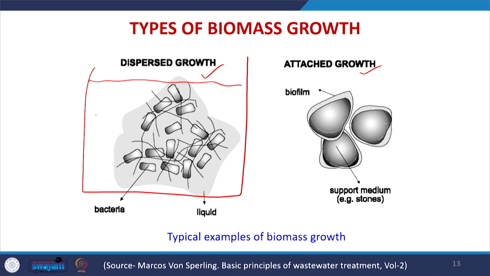The growth of biomass will occur, as well as the organic matter present inside the system will get converted into CO2 plus H2O, and this CO2 will be going off from the water surface.